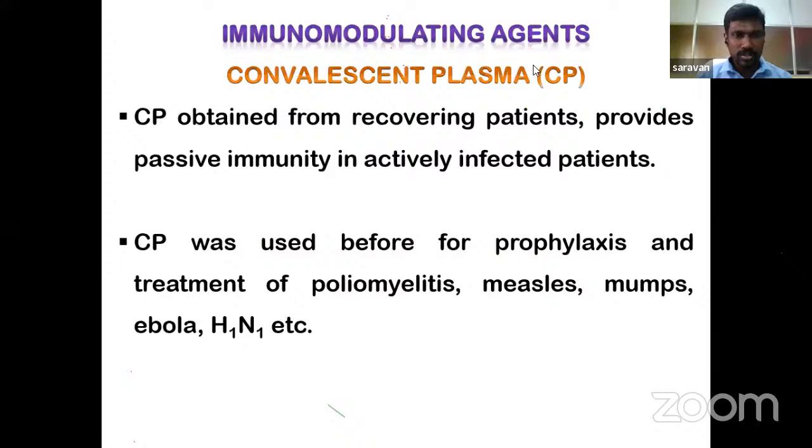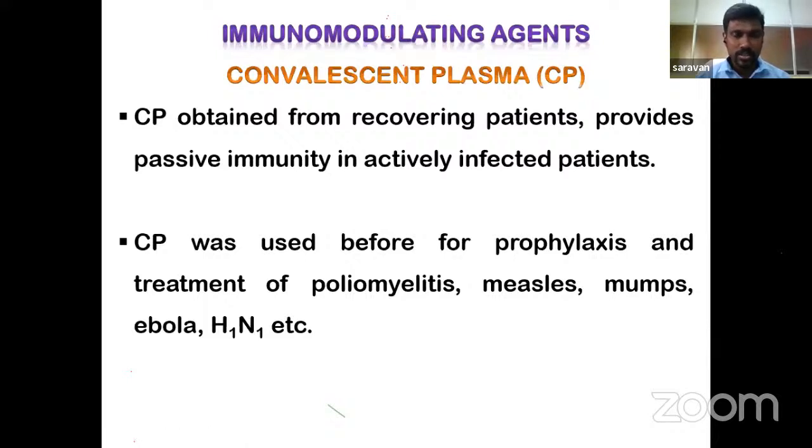CP was used before in the prophylaxis of poliomyelitis, measles, mumps, Ebola virus infection, and H1N1 infection. And currently, it was also included in the prophylaxis or treatment of SARS-CoV-2 infection. The US FDA has recently revised the emergency use authorization of convalescent plasma.